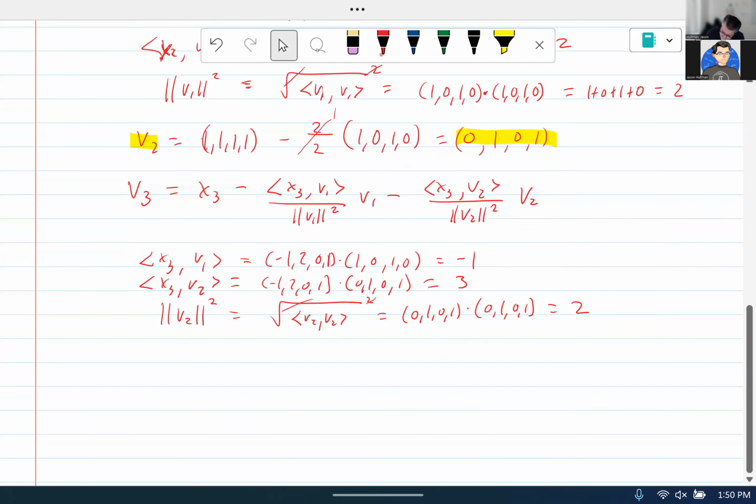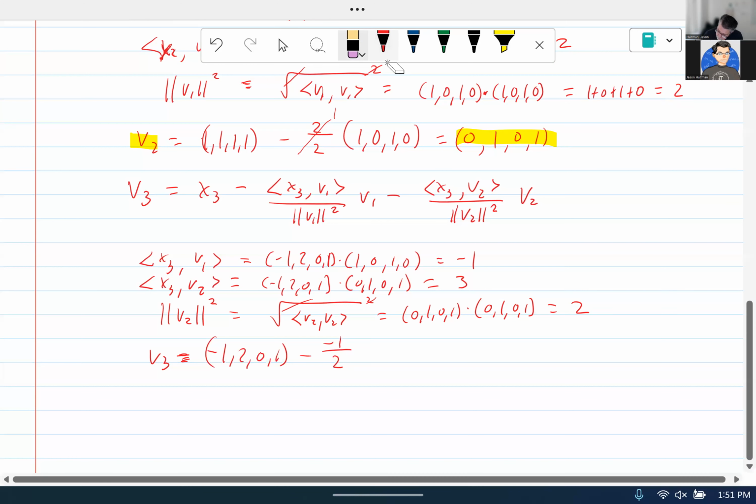So what would v3 be? v3 would be x3, which is my negative 1, 2, 0, 1, minus x3 dotted with v1, which we said was negative 1, over v1 squared, which was 2 from the previous one. That was up here, 2.